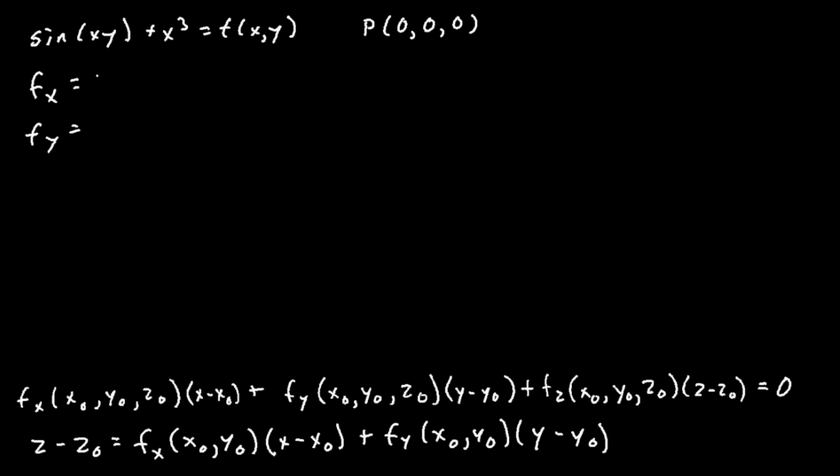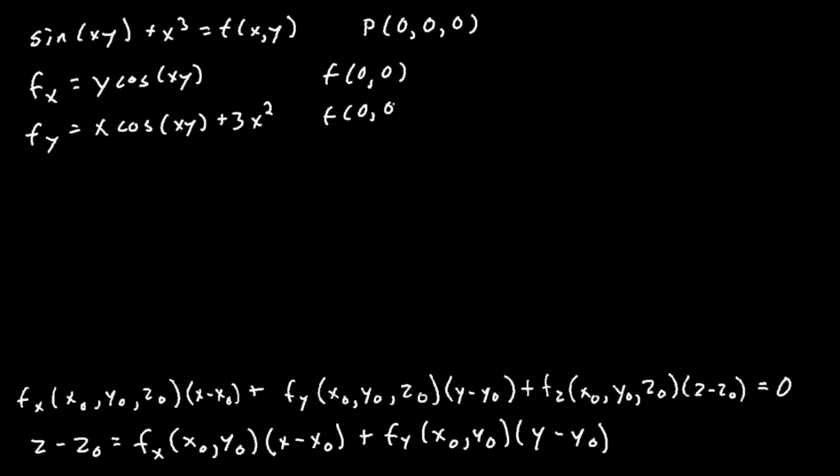So for our x partial, it is y times cosine of xy plus 0. And for our y partial, it's x times cosine of xy plus 3 to the power of 2. As you noticed, if you plug in 0 for all these values here, you quite literally just get 0 as the output no matter what for x partial and y partial.